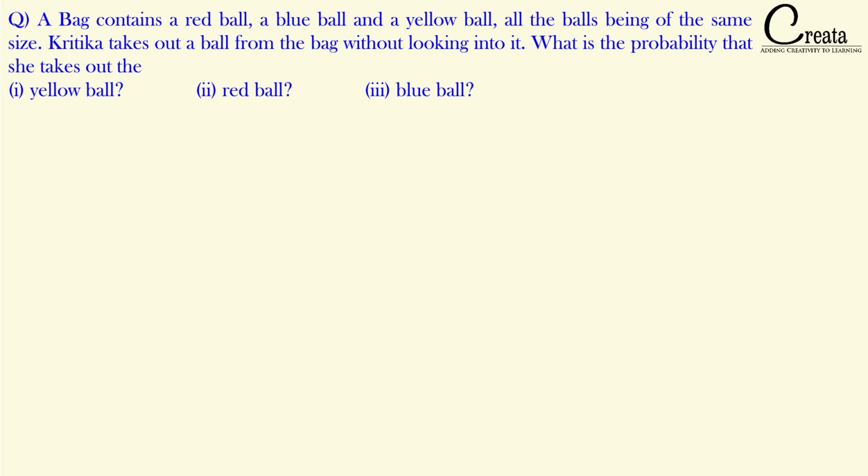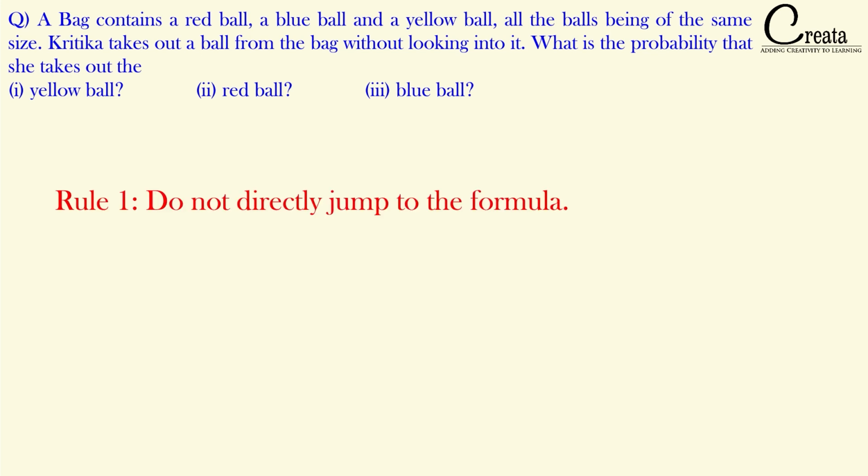Before taking up the question, we have two strict rules that we will follow and I want you to also follow these two rules. The first rule is do not directly jump to the formula. We have a normal tendency that we look at the question and try to match it with the formula.